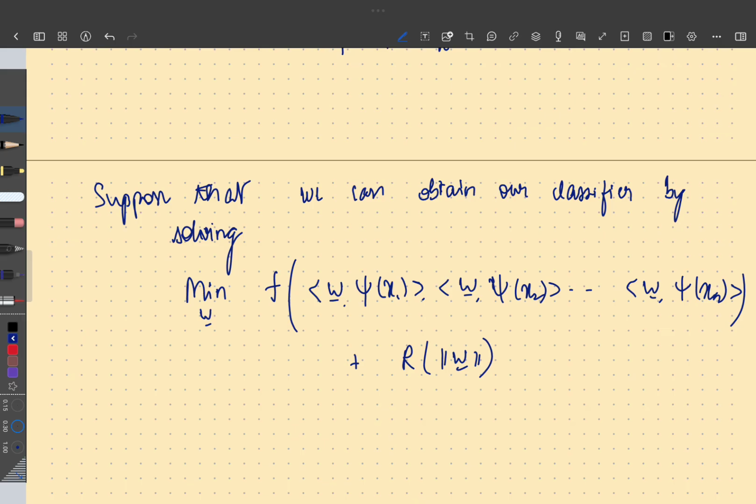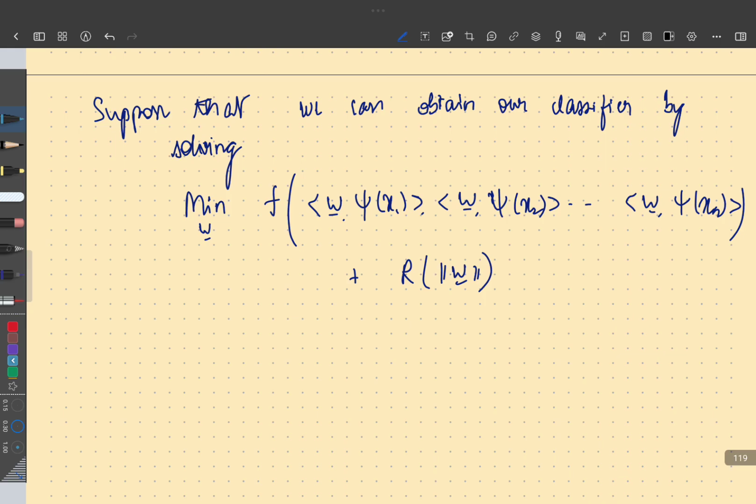Here f is any function from Rn to R, which in our case just takes the inner products as arguments. So each of these inner products is a real number.